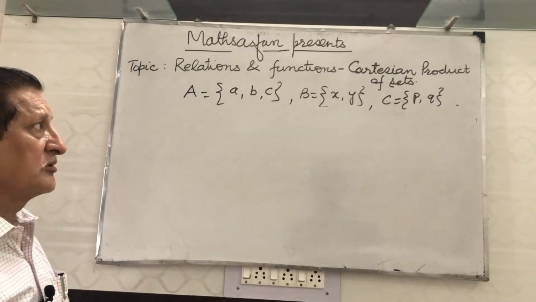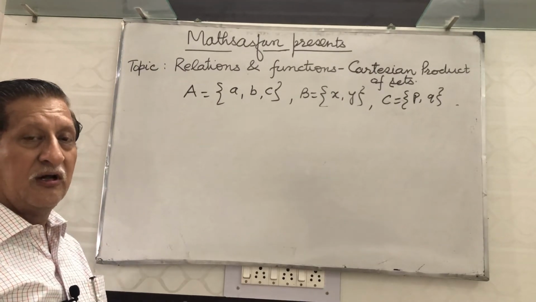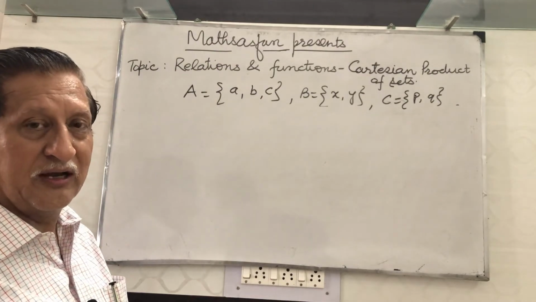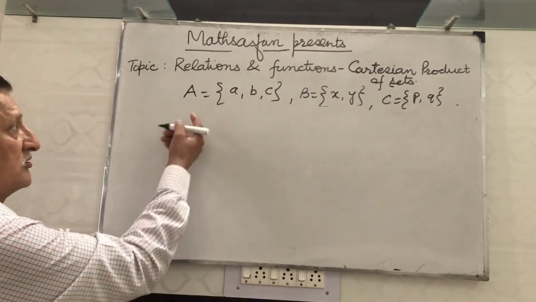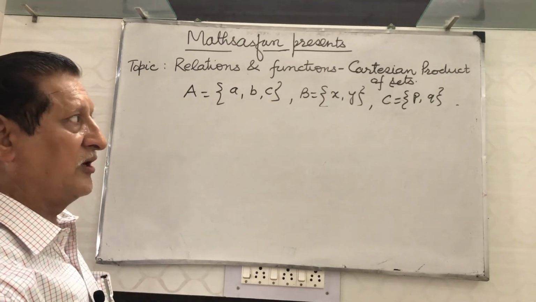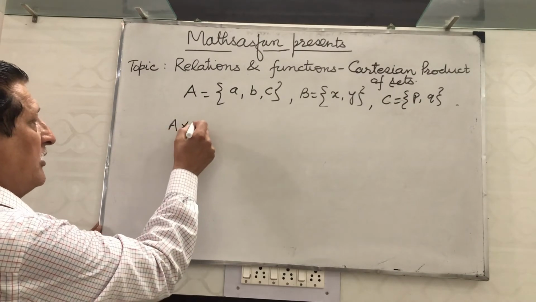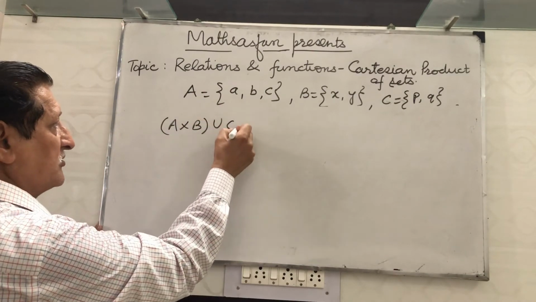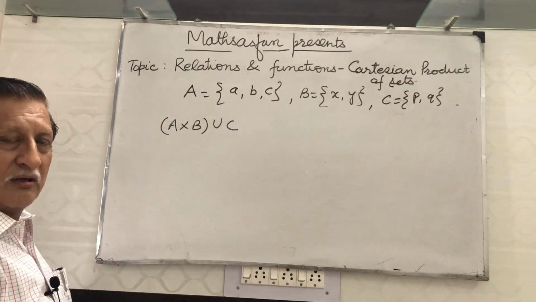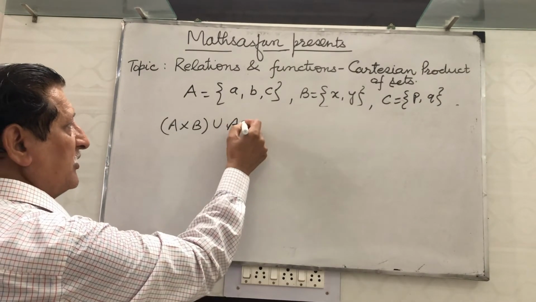See, the applications of A cross B can be found in law of distribution, in union, in combination and all. Let's see a question like A is the set {A, B, C}, B having the elements X, Y and C having P, Q. Suppose we want to find out A cross (B union C). Can we find out this? No. We can find out (A cross B) union (A cross C).